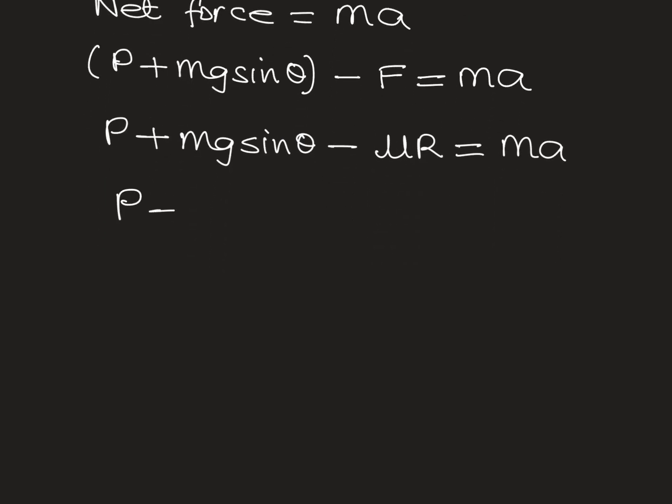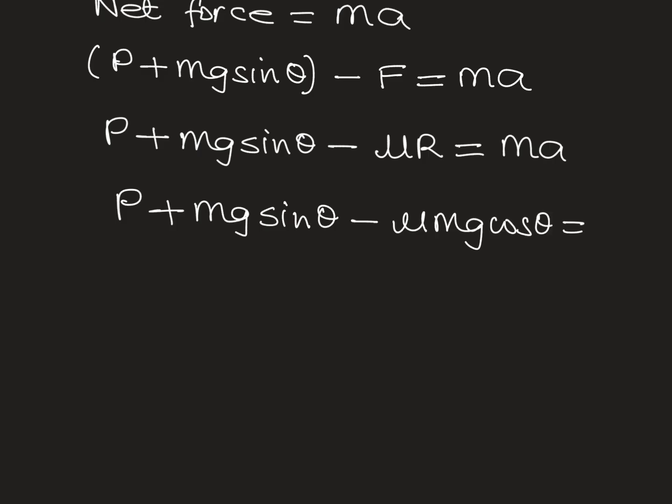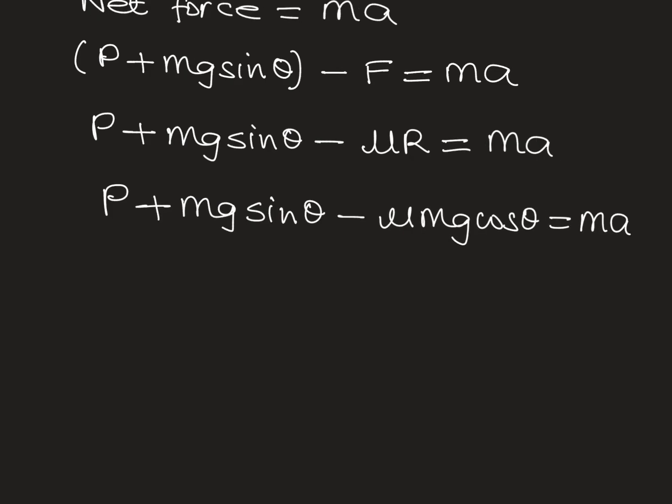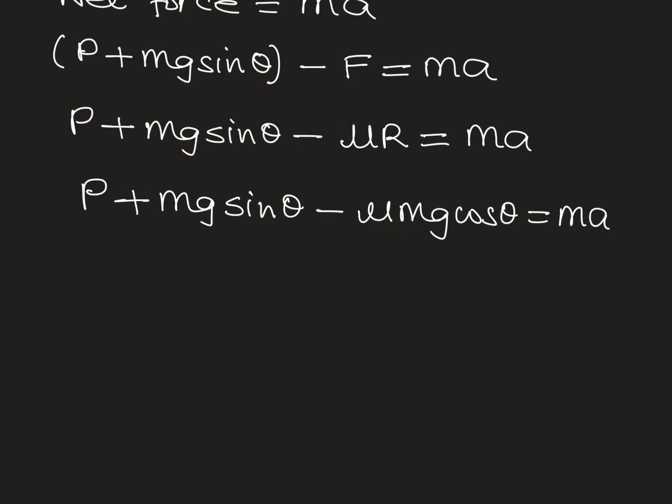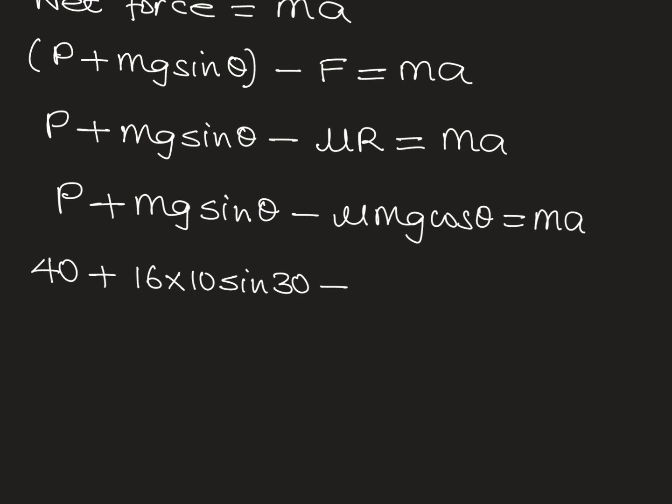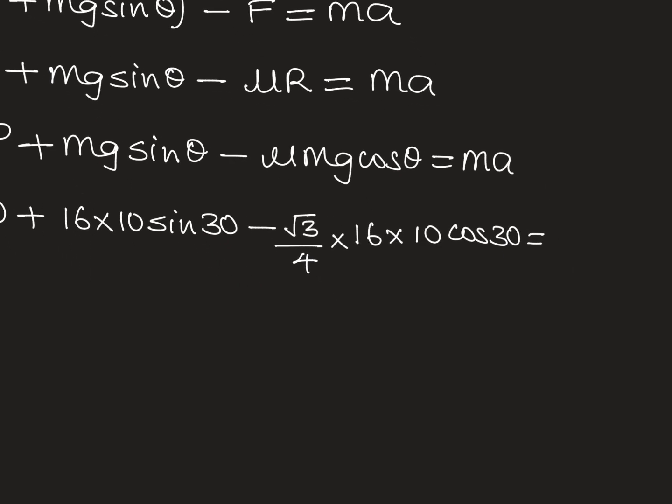Now we can substitute. The applied force is 40 newtons plus the mass, 16 kilograms, multiplied by 10 sin 30, minus the coefficient of friction, √3 over 4, times the mass, 16, times gravity, 10, cos 30, is equal to the mass, 16 kilograms, multiplied by a.